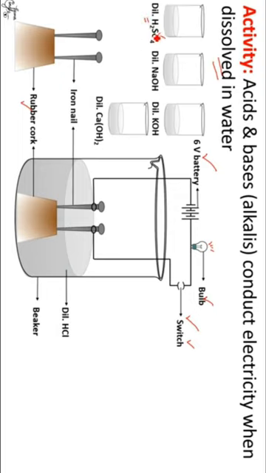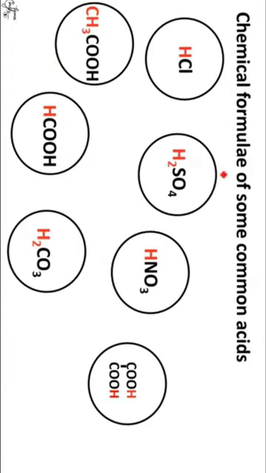Bases like NaOH, KOH, Ca(OH)2 are there. These bases will dissociate into the metal plus and OH minus. The same you can understand with the help of the chemical formulae. You can find the production of H plus.